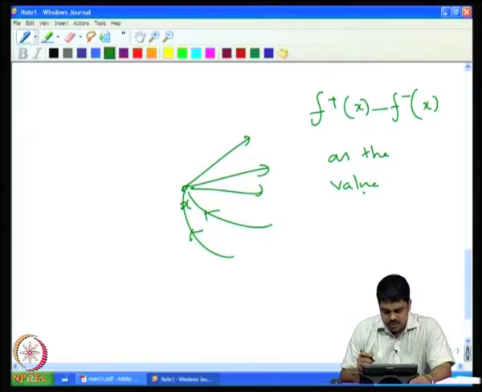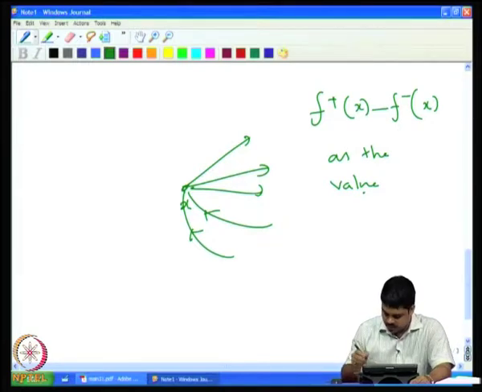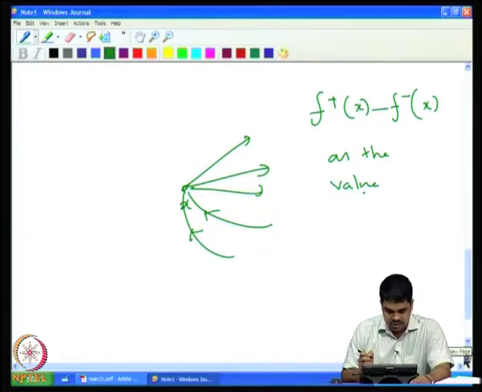Now, is it consistent? It is a very interesting thing. If you are sending this much from x, is the same amount reaching y, or more, or less?